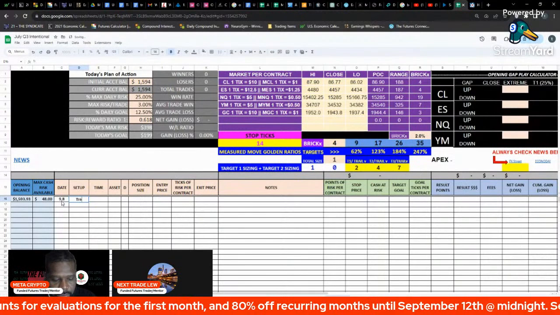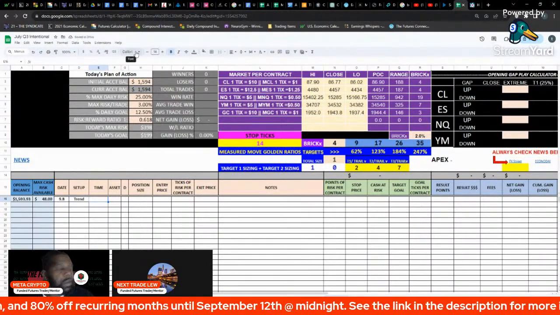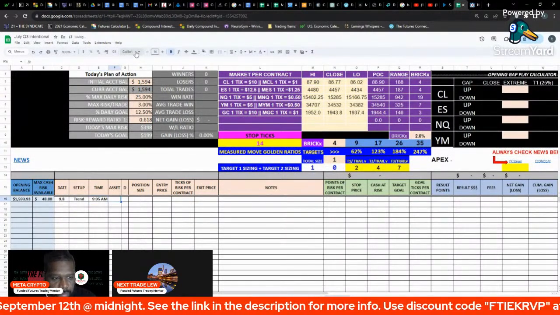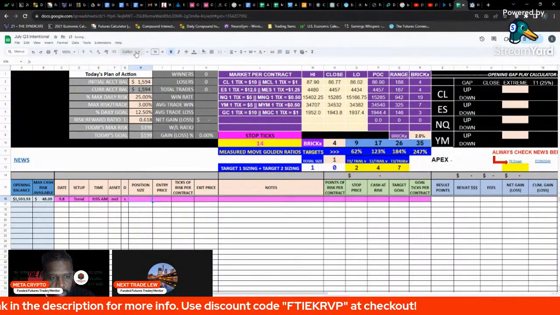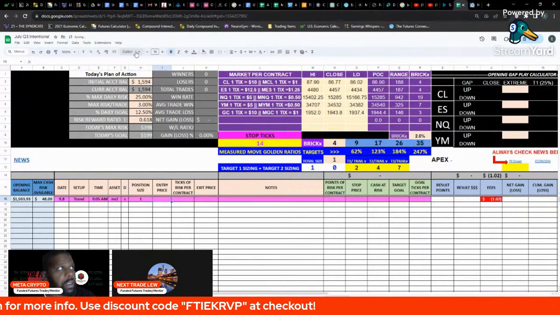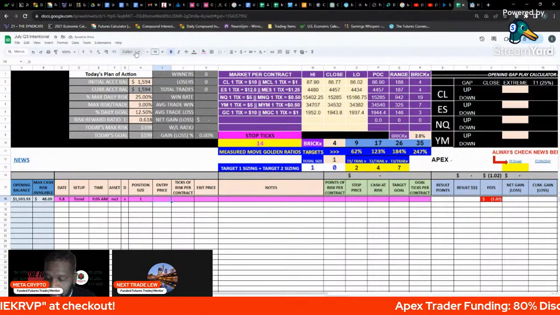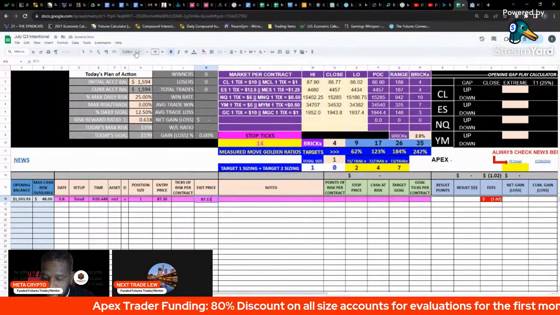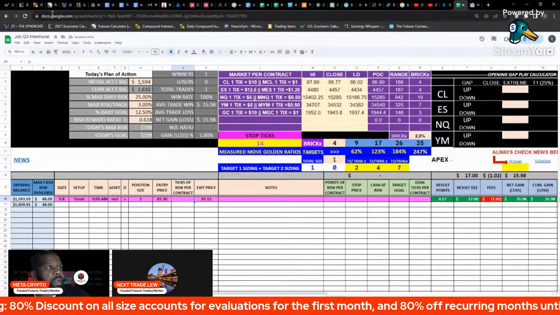That was a trend trade. What time was it? About 9:05. MCL direction short, position size 1. Entry price was 87.30. Exit price was 87.13. $17 trade.